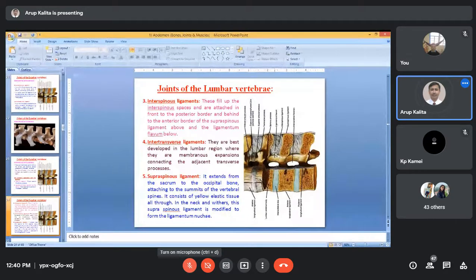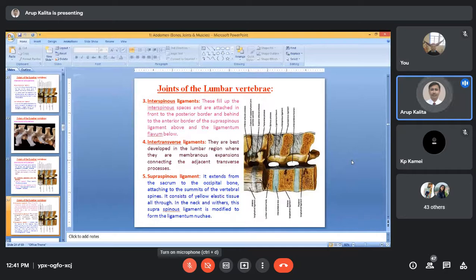This is the spine of the vertebra, and in between the spines you will get the interspinous ligament. Next is the intertransverse ligament. I cannot show you because the transverse process is not there, but in between the transverse processes you will get the intertransverse ligament. Now the supraspinous ligament: on the top, you will get one ligament known as the supraspinous ligament.